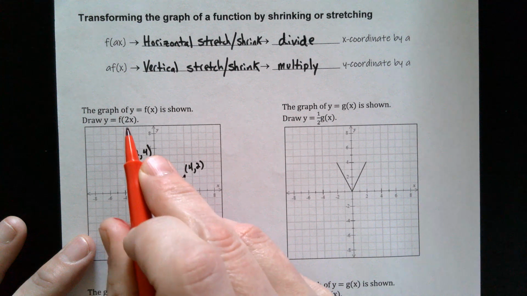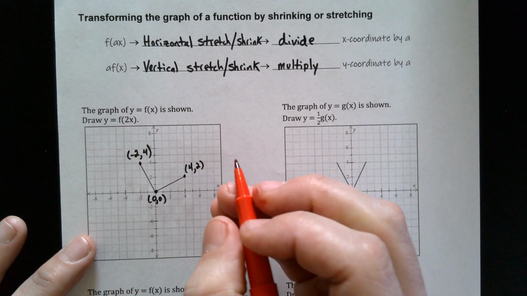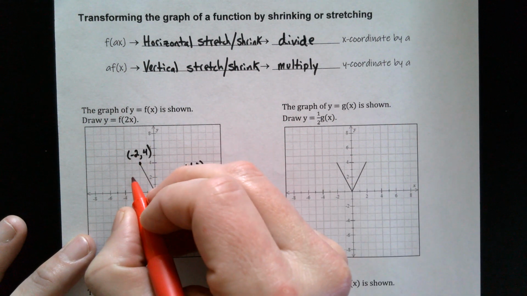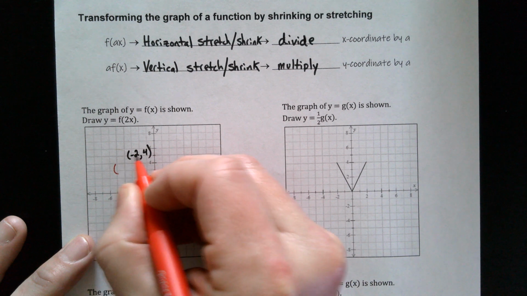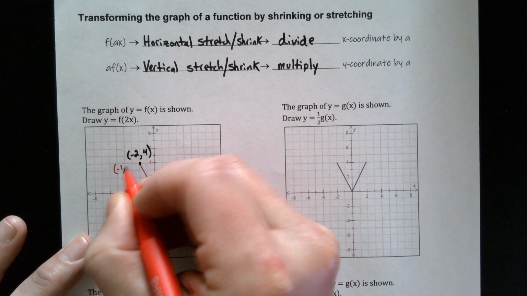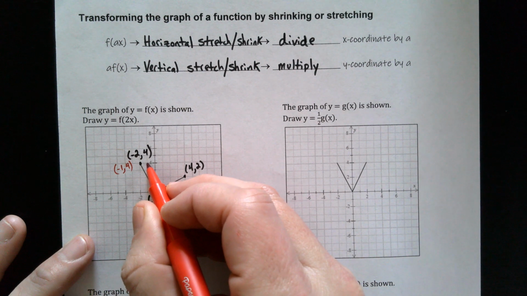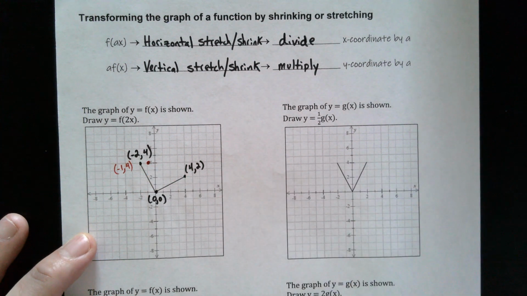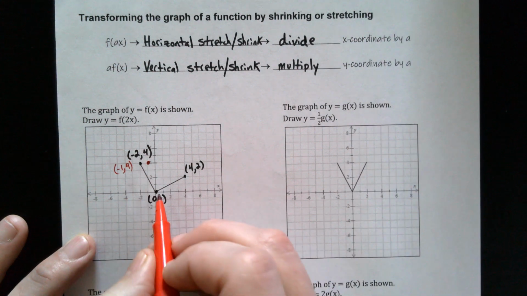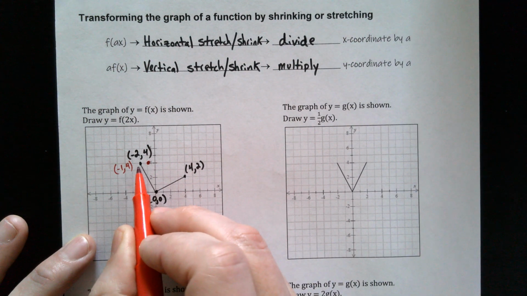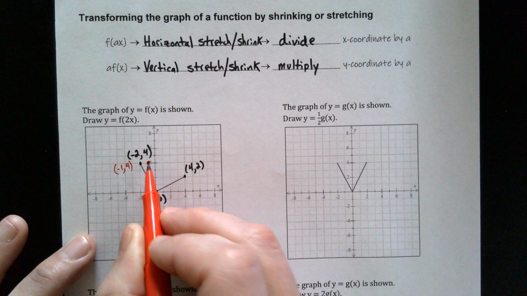So this -2 gets divided by 2. So it becomes -1, comma 4. So if I go to -1, comma 4, that will give me this point right there. Okay, so it just moved in one time. So the -2, comma 4 became -1, comma 4.